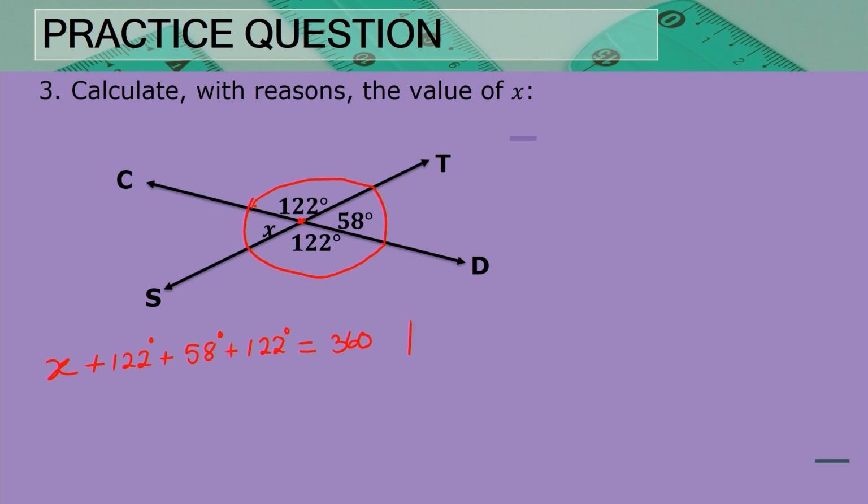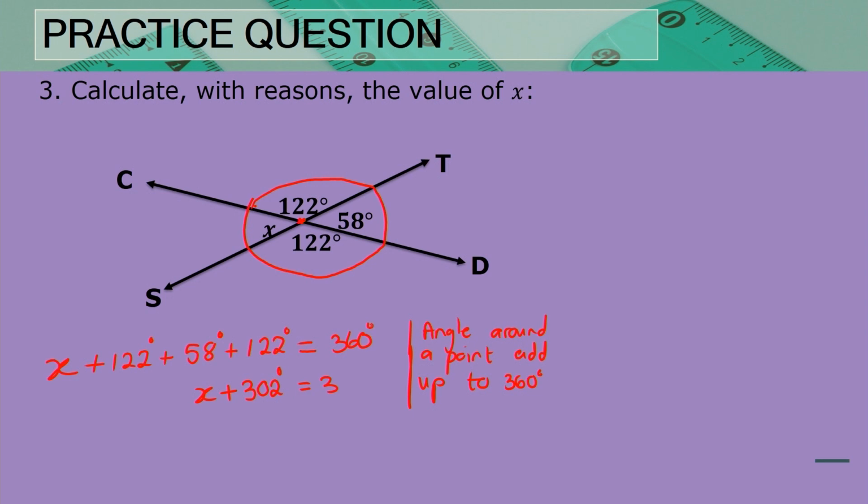And what is the reason for this? It is that angles around a point, they add up to 360 degrees. Now, when we add 122 plus 58 plus 122, again, we will get a total of 302 degrees.